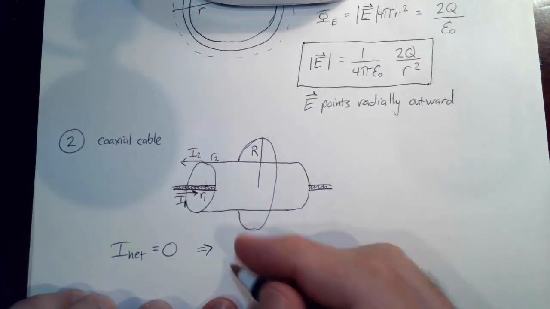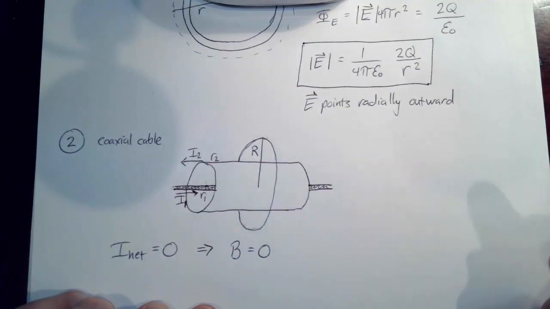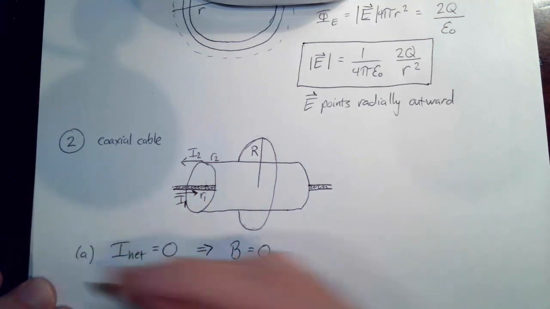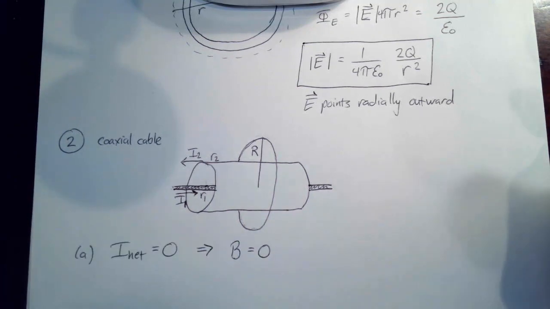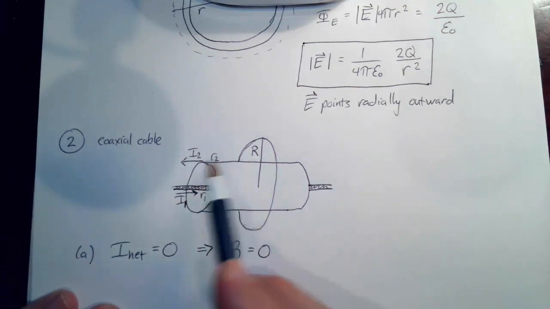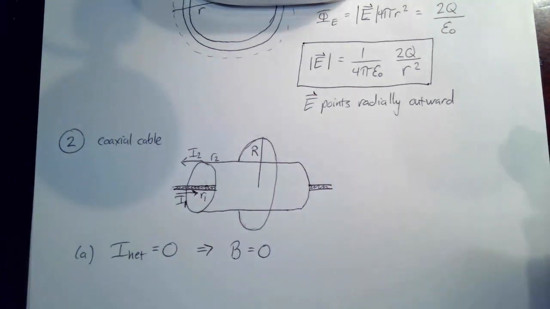Therefore, the left-hand side is 0. Therefore, B is 0 everywhere outside the coax cable. And this is the reason why coaxial cables are used. One reason that coaxial cables are used is because I1 and I2 are often the same, and so there's no magnetic field outside of the cable.